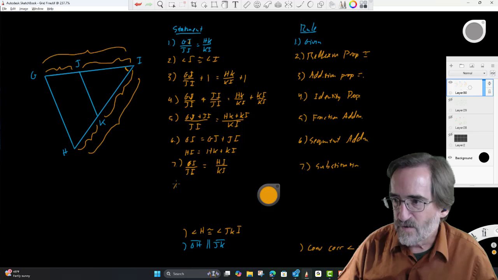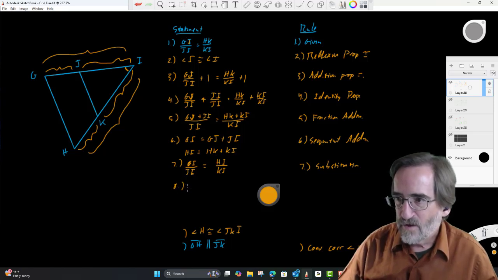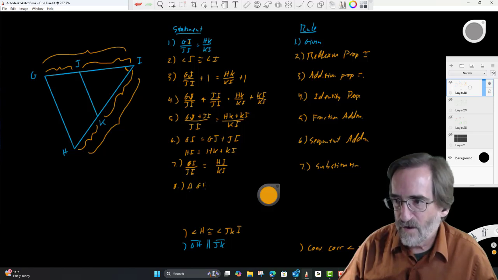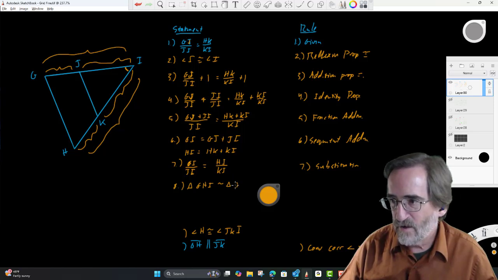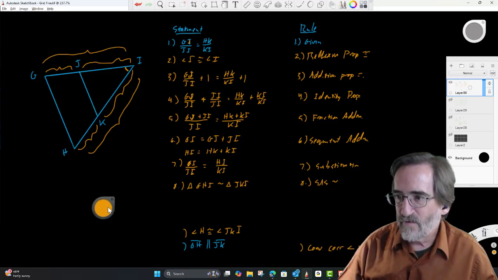So 8, triangle GHI is similar to triangle JKI by the side angle side similarity postulate. Now that I've got similar triangles, I can jump to it.